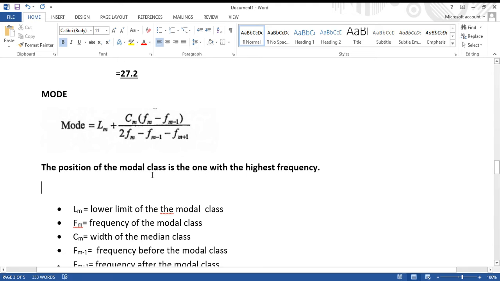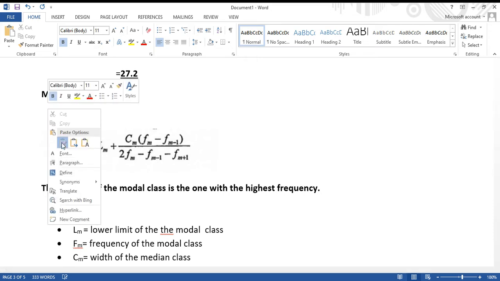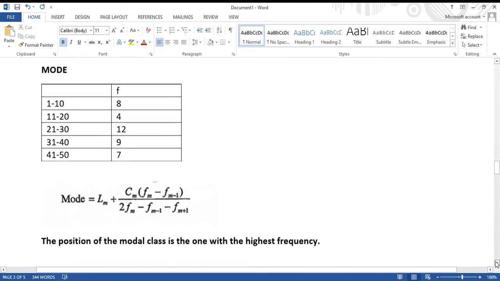Let me insert our table here. With the mode, we're not even going to need to calculate the cumulative frequency. The frequency is just enough. So let's see what our modal class is.